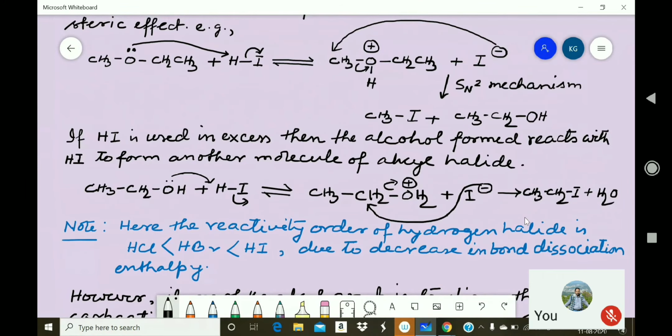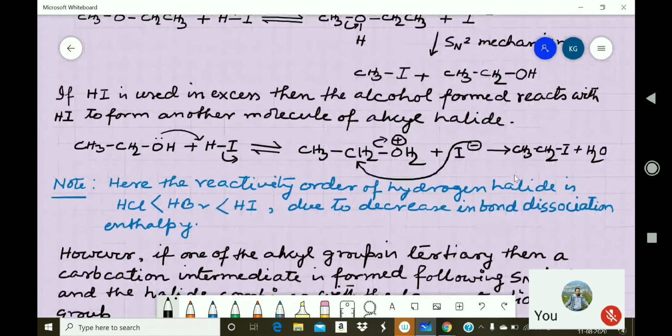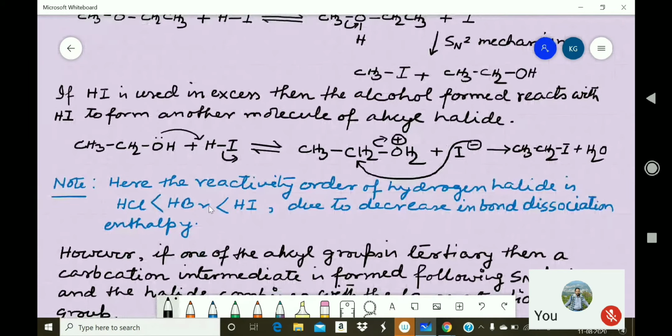And we can follow that the reactivity order of the hydrogen halide is from HCl towards HI, the reactivity increases, because due to increasing size of the halogen, the bond dissociation enthalpy decreases. Therefore, I minus formation is the easiest among the alkyl halides.